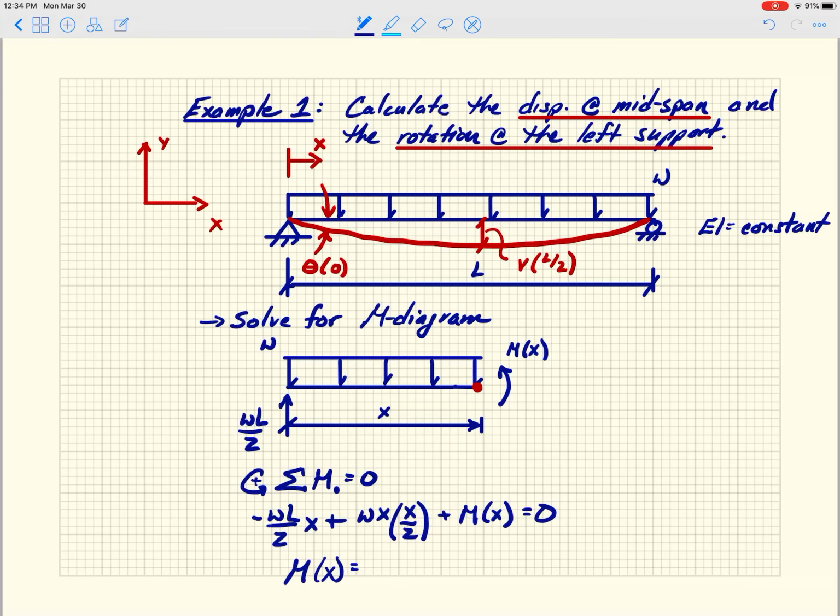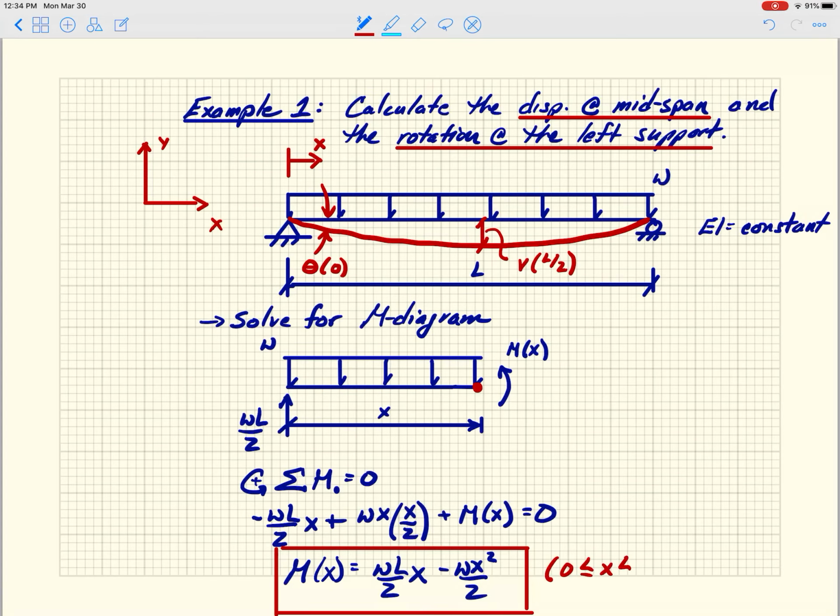And when I solve for this, I am going to get that my moment is WL over 2 times x minus Wx squared over 2. I'm going to box that because that is our first step. And that, by the way, is good for 0 to L, because there's no other discontinuity in this beam, I don't have to have another x.